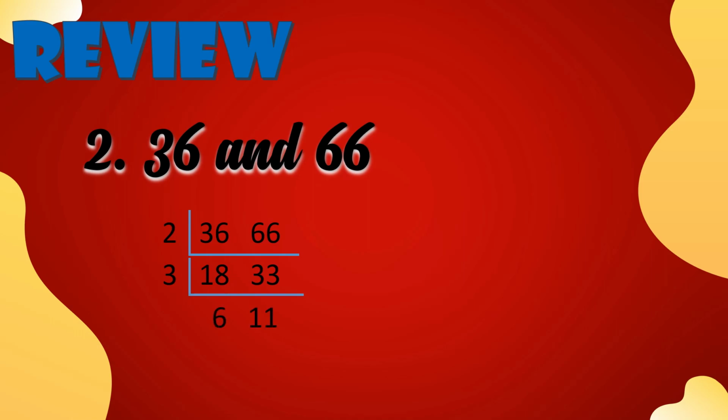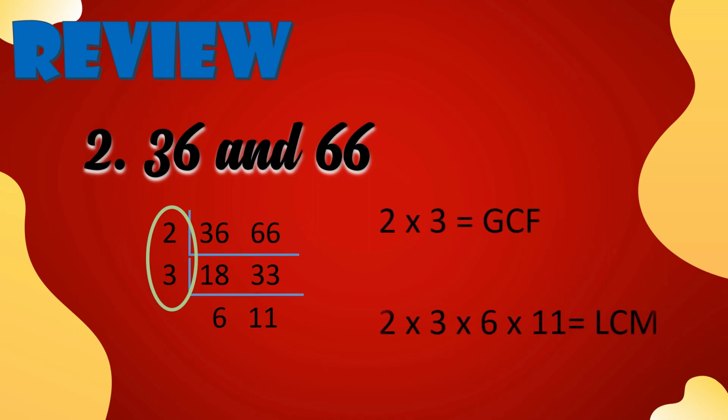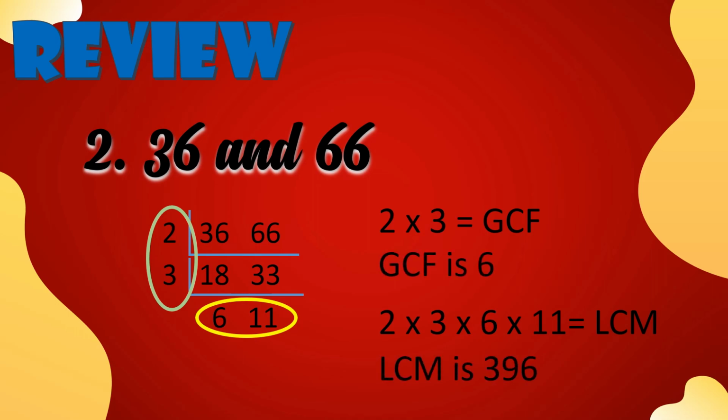That is relatively prime already. So the factors 2 and 3 that we used to divide 36 and 66 are our GCF, and the GCF plus the last quotient is our LCM. So, 2 times 3 is 6, while 2 times 3 times 6 times 11 is 396.